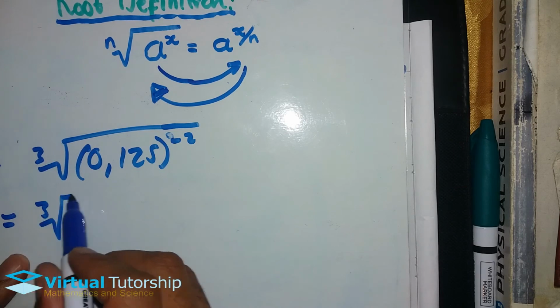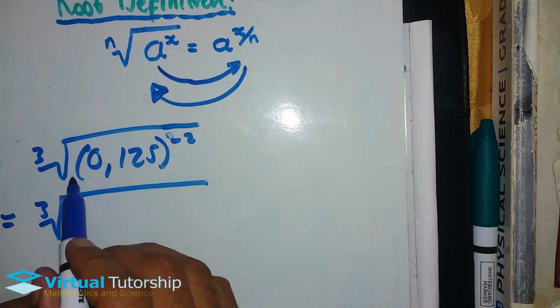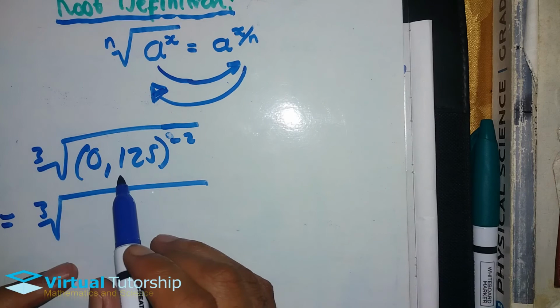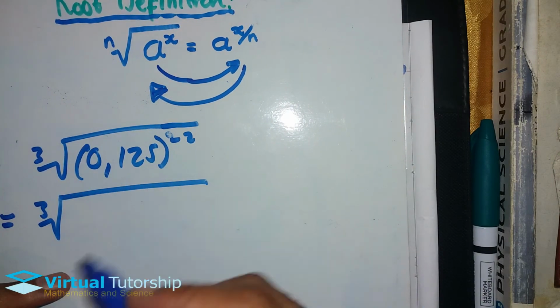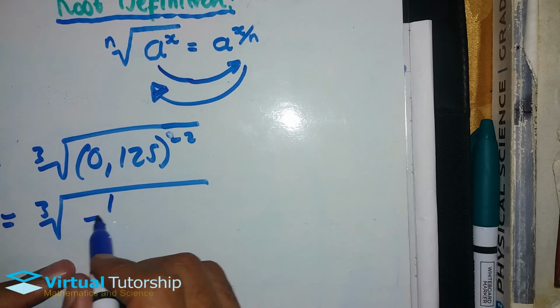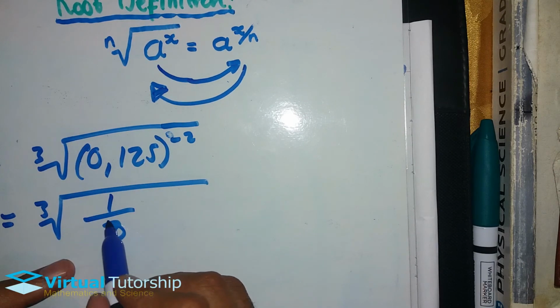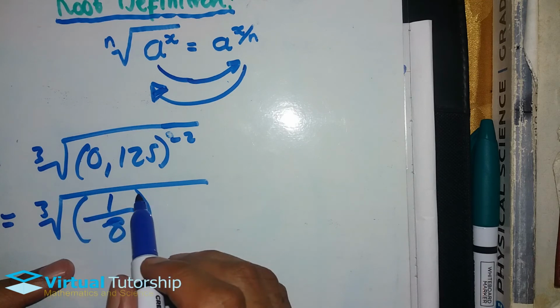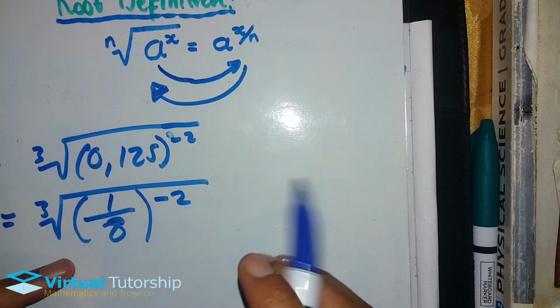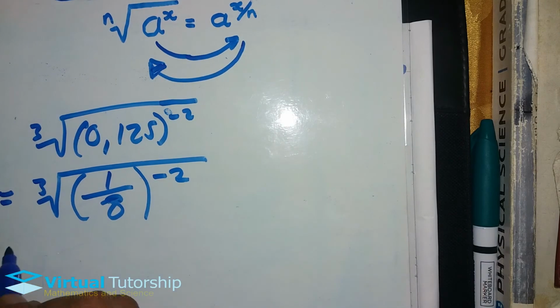Third root. Okay, this decimal number kwamele we change it back into a fraction. So nangabe maybe uzoyipuncha in ku-calculator yakho uzothola something like 1/8, ne. 1/8, remember this thing is raised to an exponent of minus 2, ne.